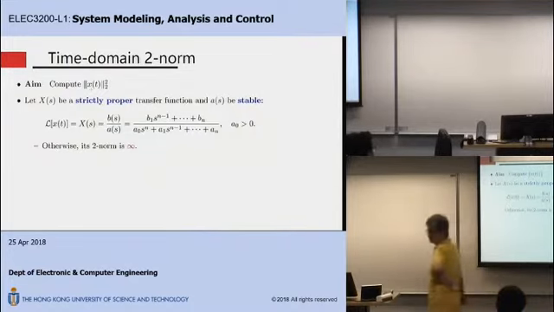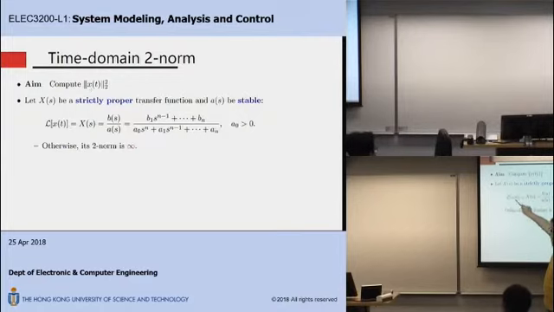For example, if X(s) is simply a constant, then of course this is an impulse. If you do partial fraction expansion and actually have a constant term, that constant term corresponds to an impulse in x(t).